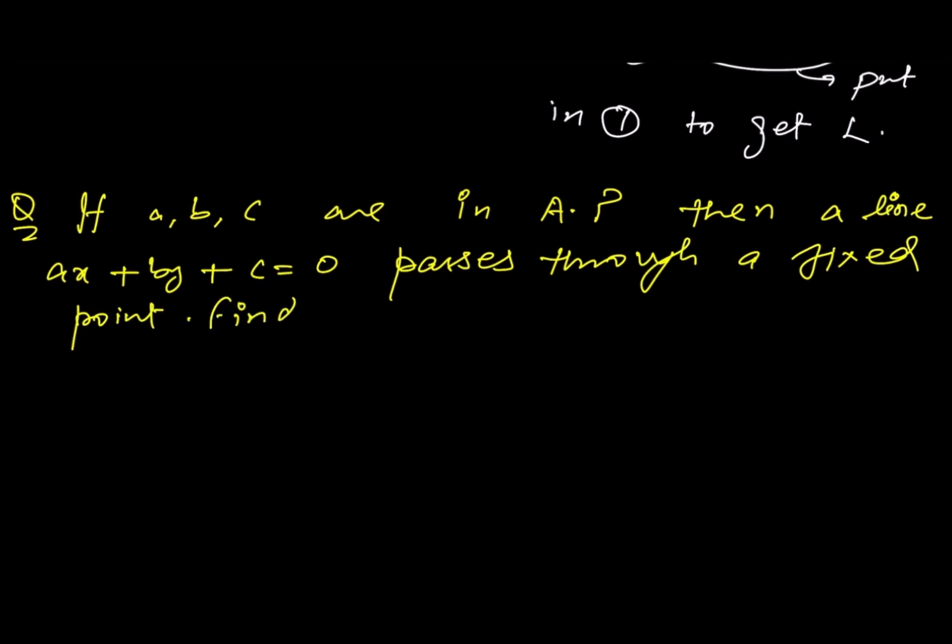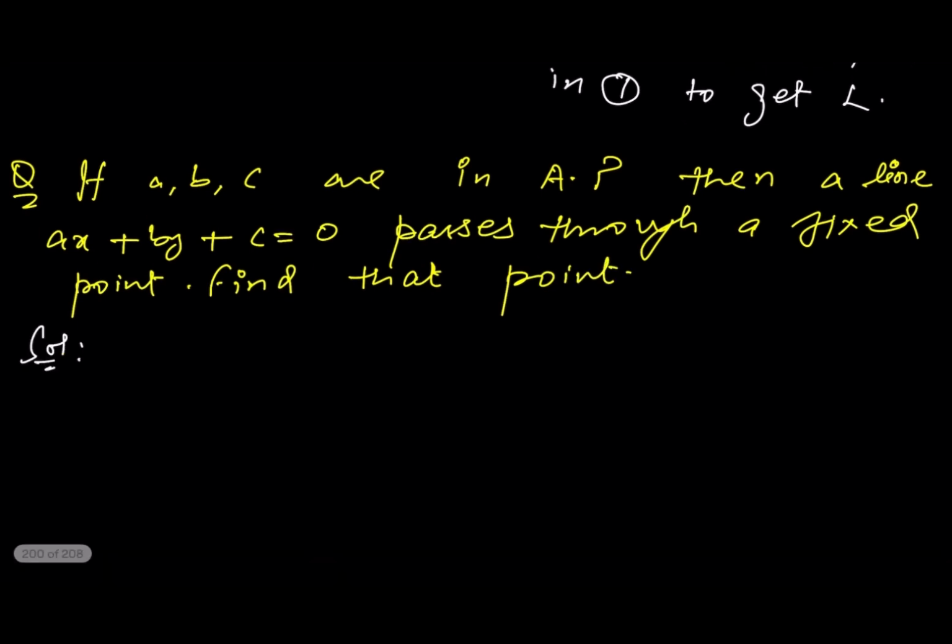Find that fixed point. What is the question? If the coefficients of the given line are in AP, and that particular line is passing through a fixed point, we have to find that fixed point.